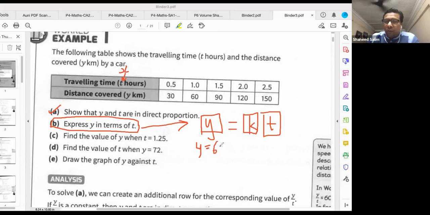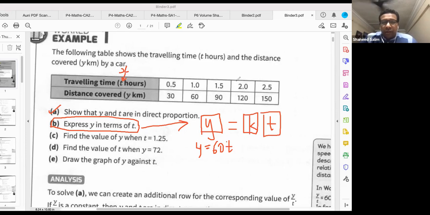Once you have this, you can find the value of t, value of y, whatever. Okay, you try. Okay, let's see now. Well done, Inshira, for C. Well done, Akira, for both.